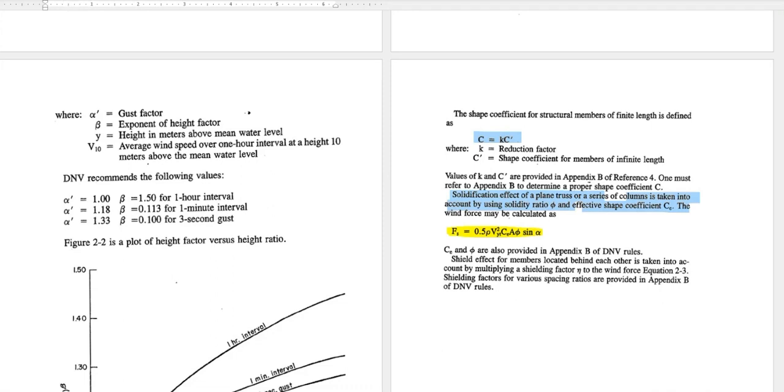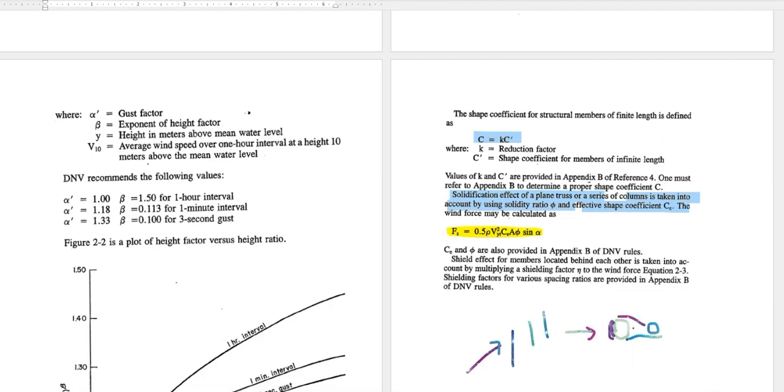So what does it mean? It means when we have one member and immediately nearby another member is placed, when the wind is blowing in this direction, it will obstruct the wind. Whatever the wind force is coming here, this member will absorb most of the wind force, and when it comes to this member, it will not have the same effect because it is in close vicinity to the other member.